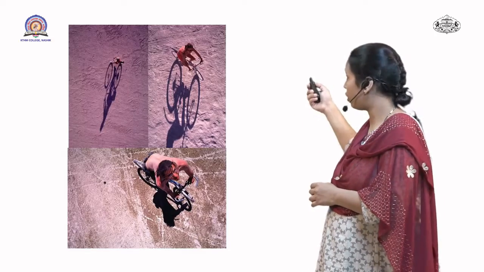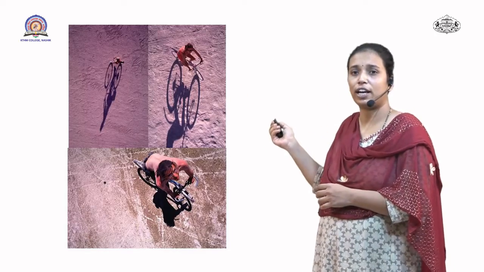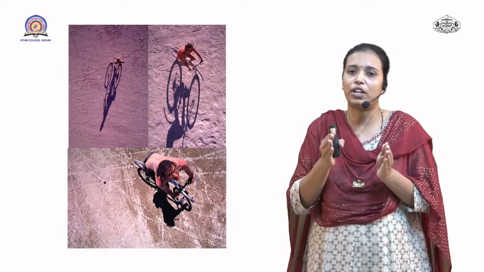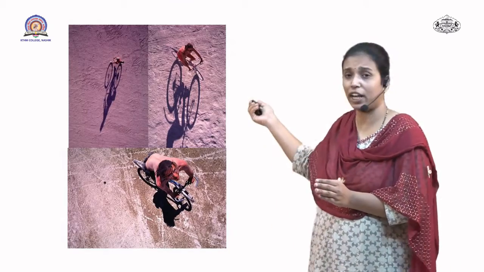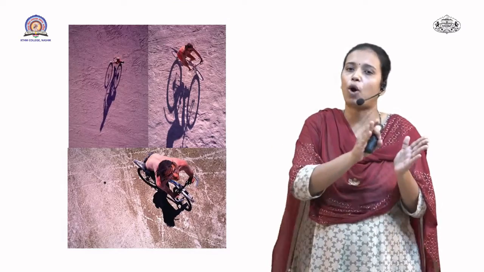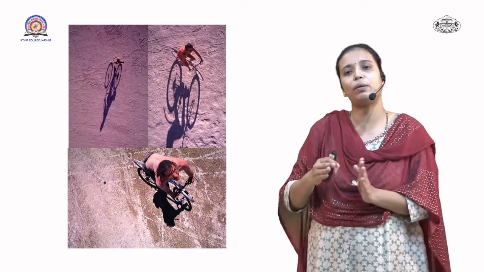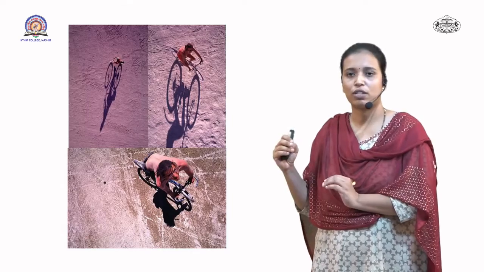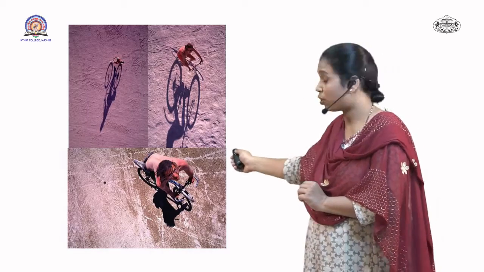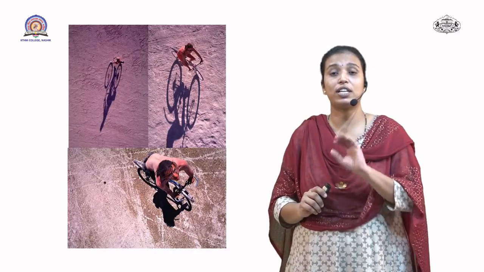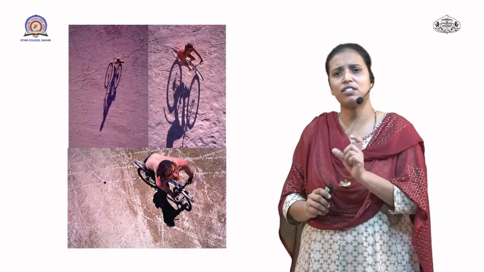But when you compare it with the second image, you can see that the shadow becomes very short. At that time it may be morning, 10 to 11 o'clock, or it may be 5 to 6 o'clock, due to which the shadow can be seen likewise. But in the third image, the shadow's size is very small.